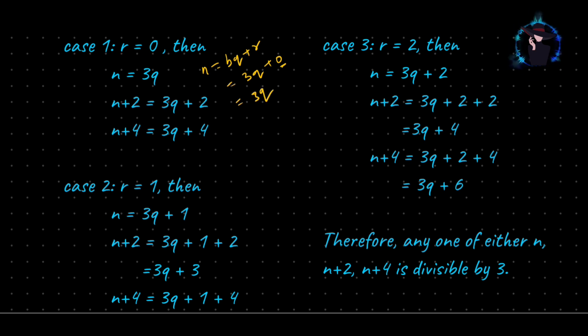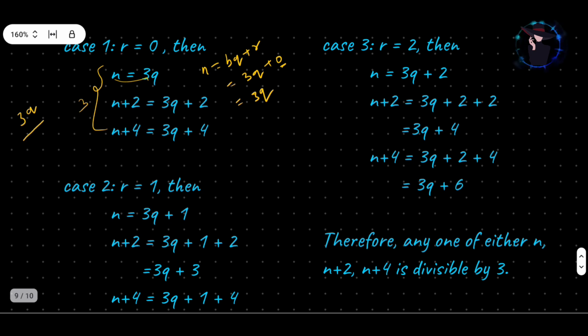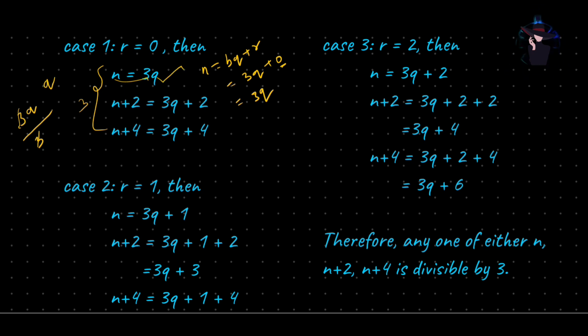So while taking n plus 2, 3q plus 2, n plus 4, 3q plus 4. So let's see, any one of these should be divisible by 3. Is n divisible by 3? Of course. It's 3q divided by 3, right? 3 cancels, remaining q, it is divisible by 3.